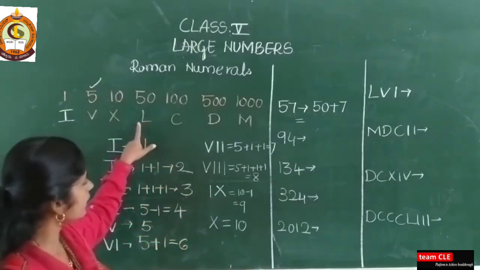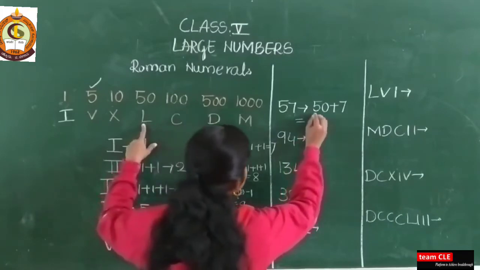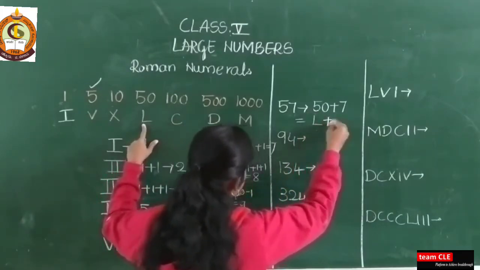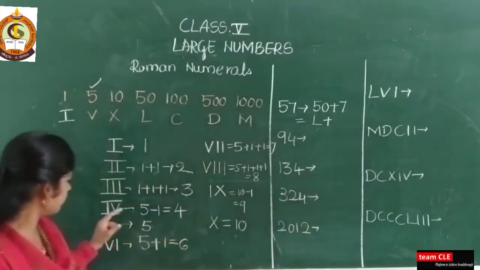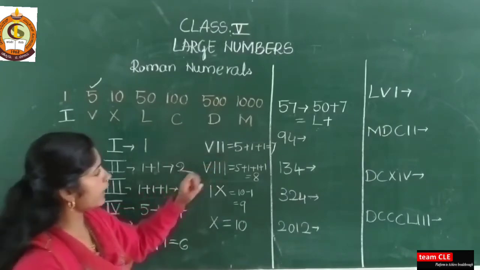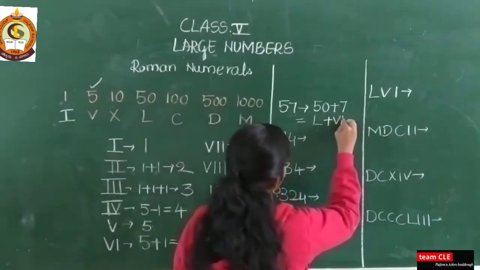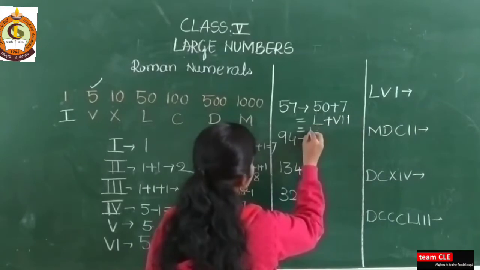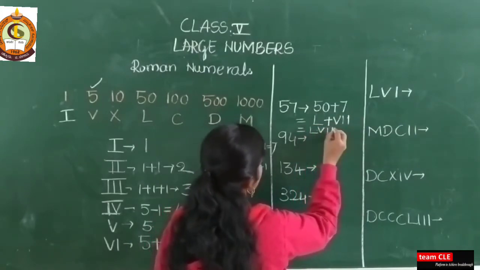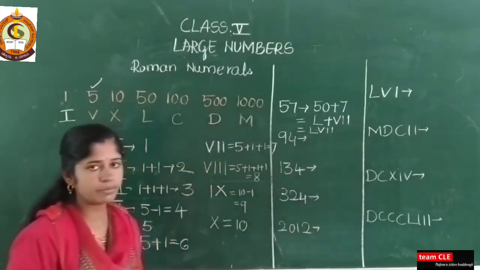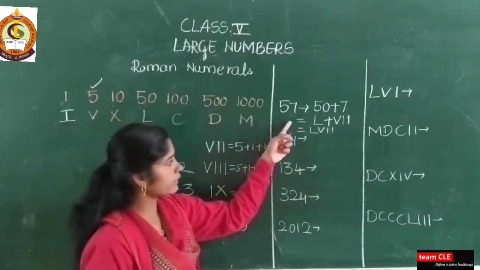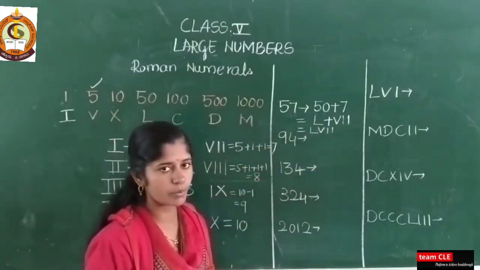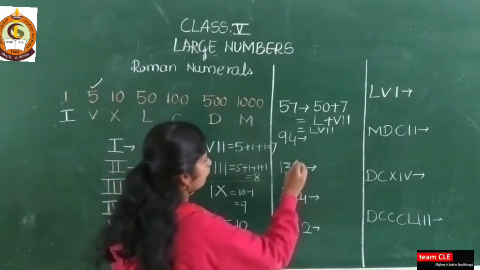So 50 means L plus, already you know how to write 7: VII. So write here VII. So LVII. This is how you write 57. This is a Hindu-Arabic number, and I have written it in Roman numerals. Next, 94 is there.